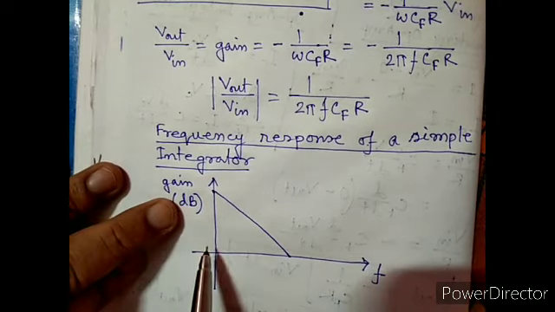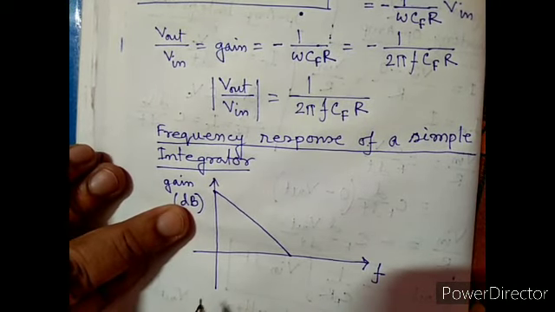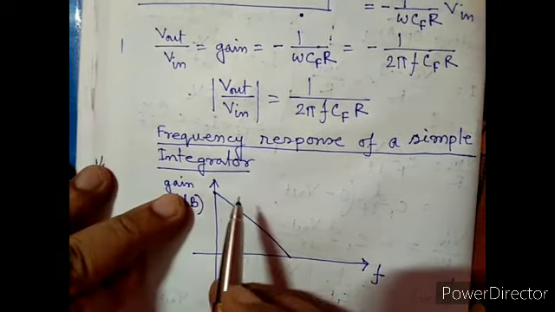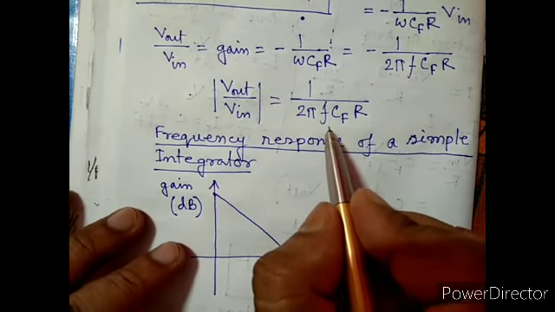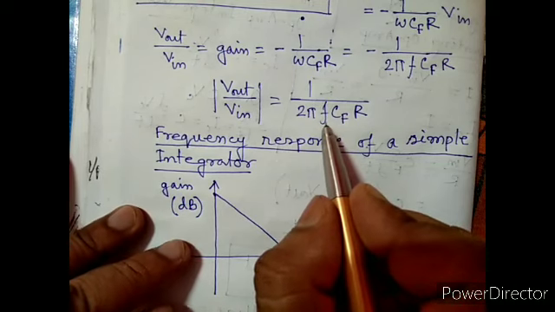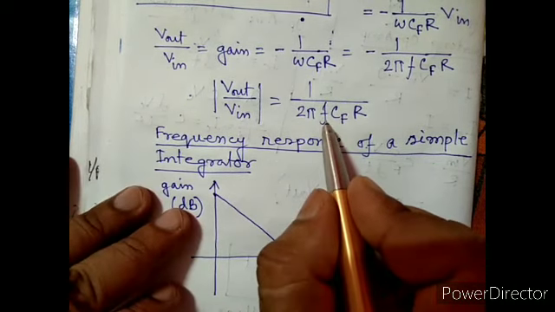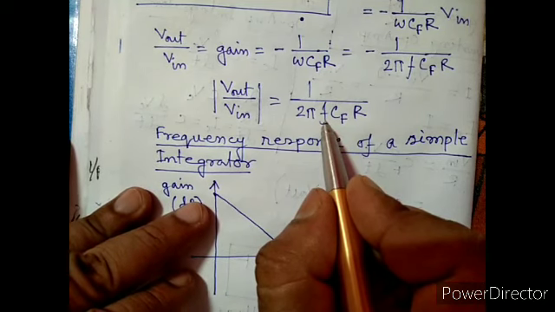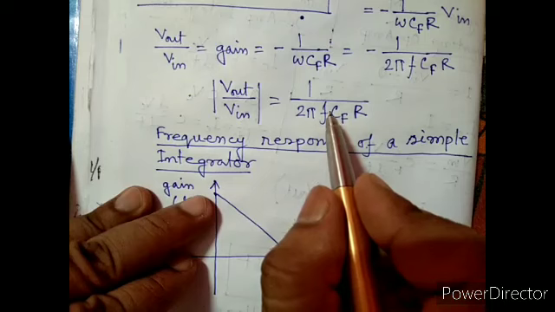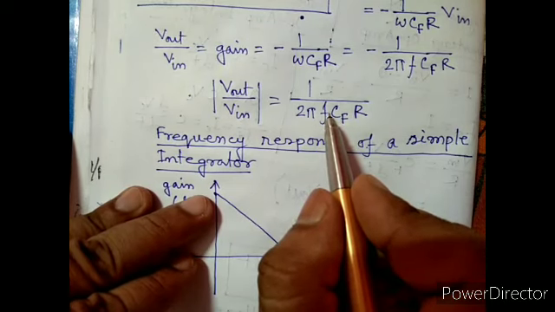In the gain versus frequency curve, gain is limited by the supply, and for a DC input, f equals 0, the gain will be very high, limited by the supply.